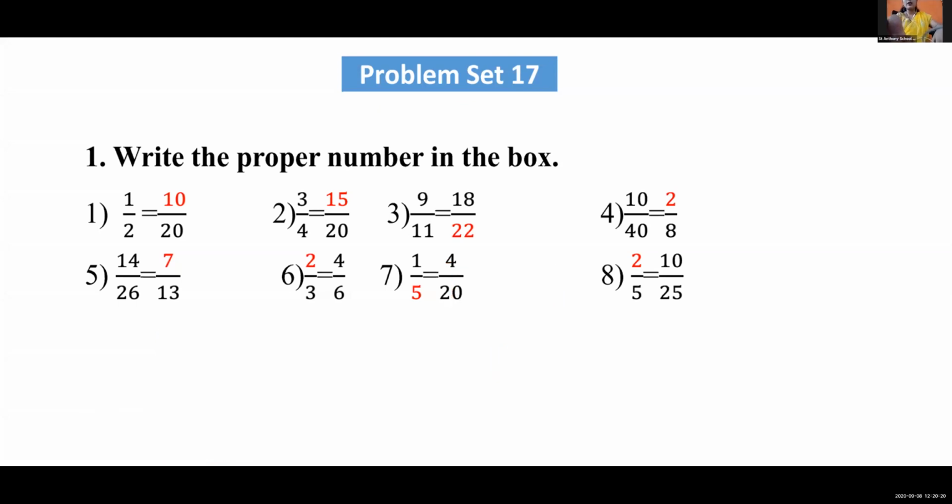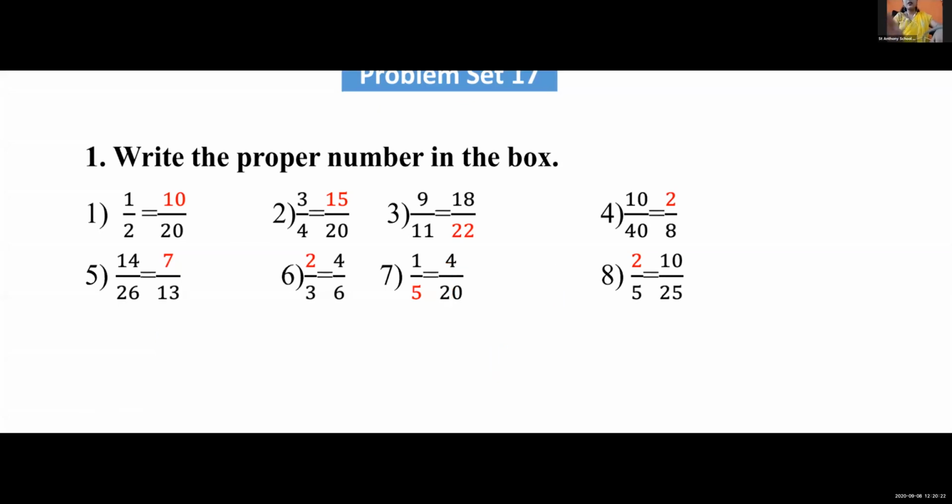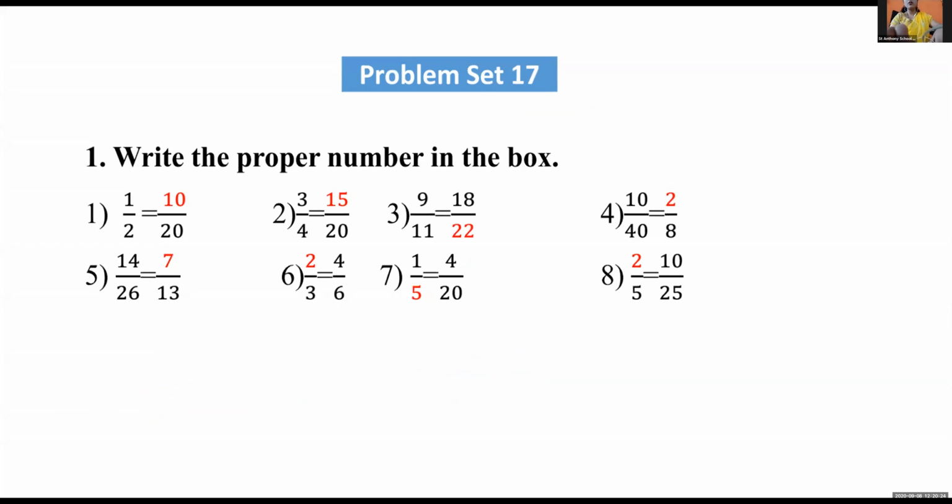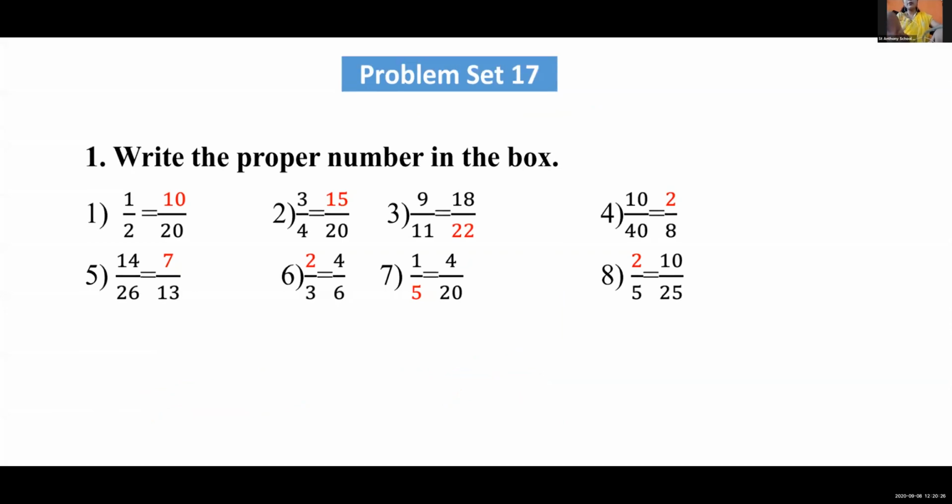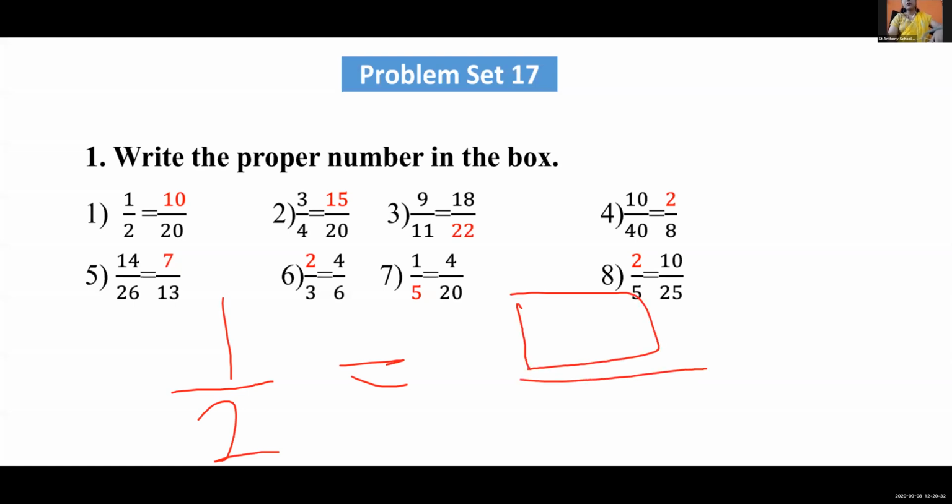So by which number if we multiply this 2, then we are getting 20? ऐसा कौन सा नंबर है जिससे हम अगर 2 को मल्टीप्लाई करते हैं तो हमें मिलने वाला है 20. Which number is there? Which number will we use to multiply 2 so that we can get the answer 20?